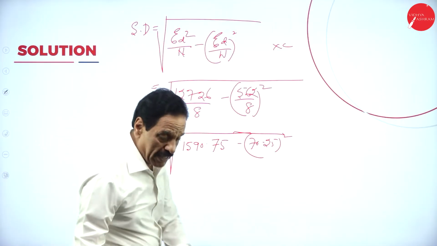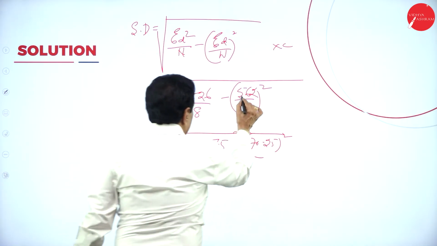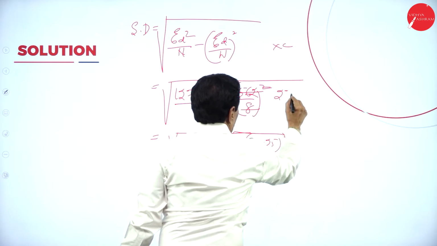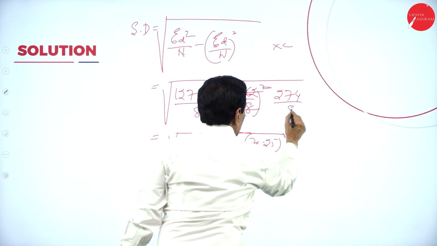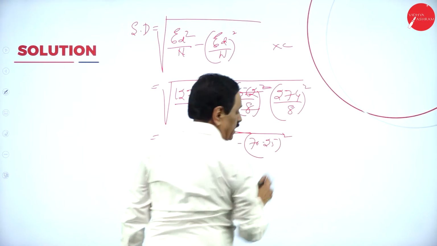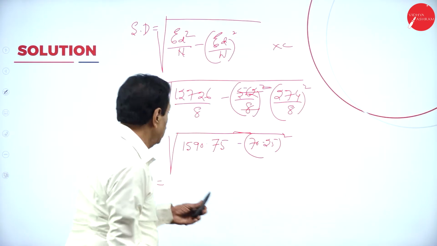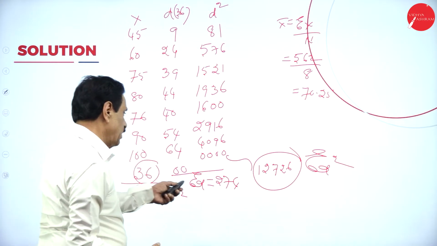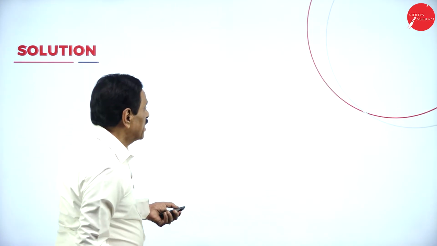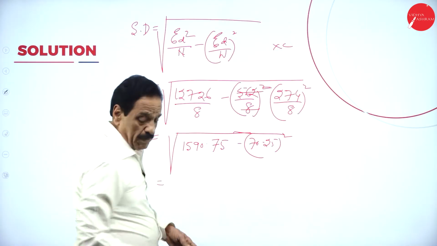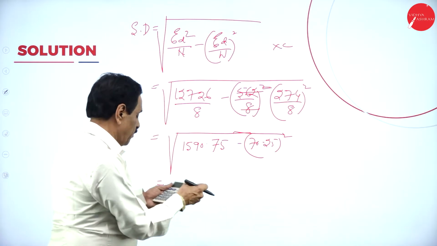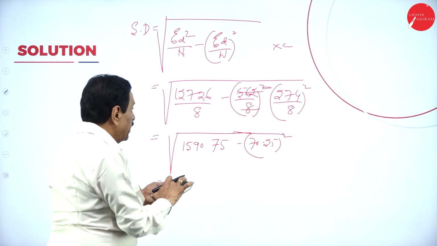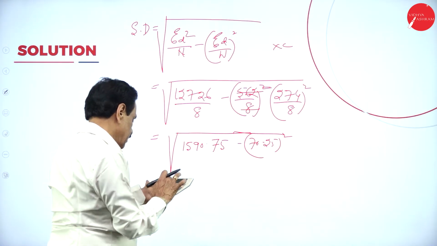Here, wrong number has been taken. Sorry. Sigma d is 274 divided by 8 whole square. What is 274 divided by 8?